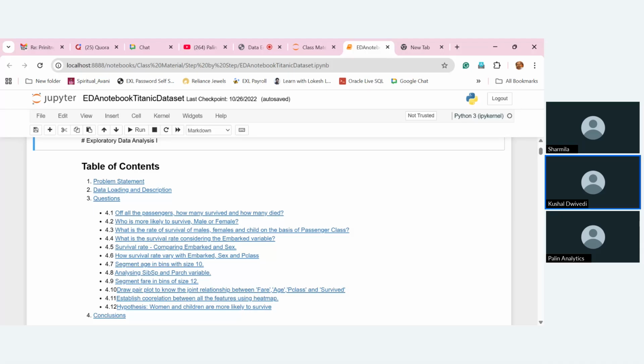So basically, the first human tendency is to find out what all things are there in the data, and with the help of EDA, we try to figure out those unknown patterns, those hidden patterns in the data, so that we can see how this data is looking like, what is the shape of data, what is the structure of the data, how many missing values are there, if there are missing values, what is the percentage, and how they are contributing towards the result.